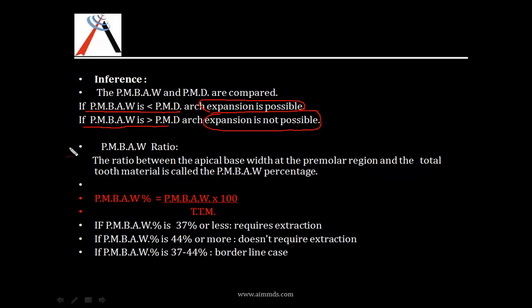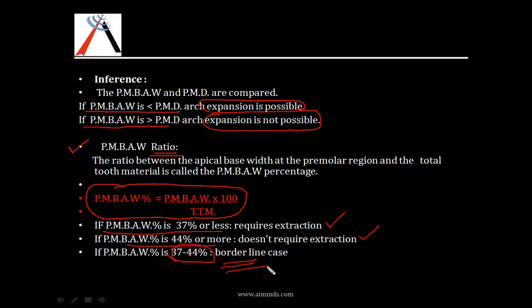We then derive a premolar basal arch width ratio. How do we do this? The premolar basal arch width percentage is equal to the premolar basal arch width into 100 upon the total tooth material. If this percentage is 37% or less, it requires extraction. If it is 44% or more, it doesn't require extraction, and if it is somewhere in between, it is a borderline case.